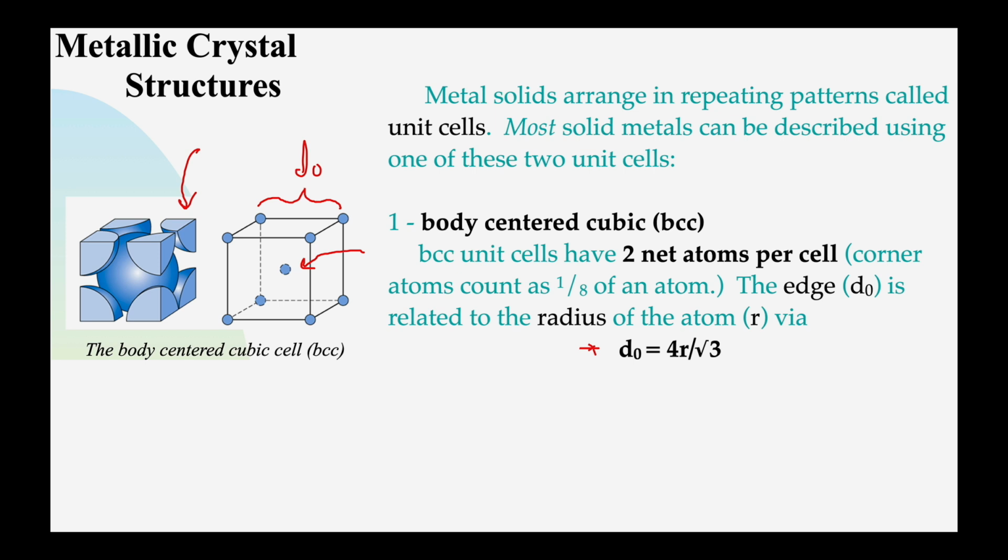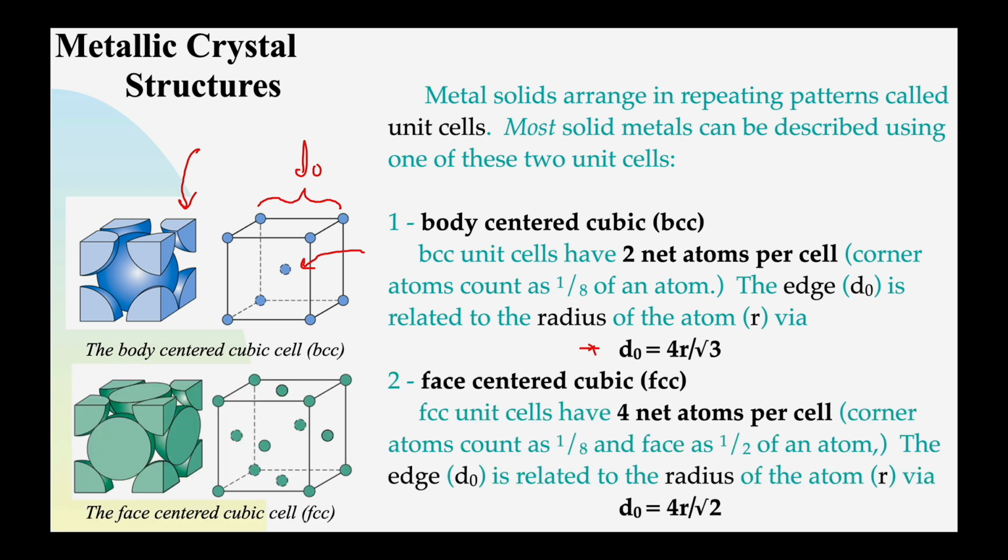The other kind of unit cell, which is fairly common on the periodic table, is what they call the face-centered cubic cell, FCC. If you go through the same kind of analysis, the face-centered cubic cell has 4 net atoms per cell, and the edge of a face-centered cubic equals 4 times the radius divided by the square root of 2.